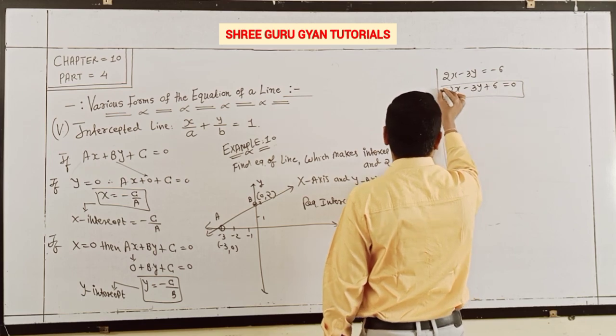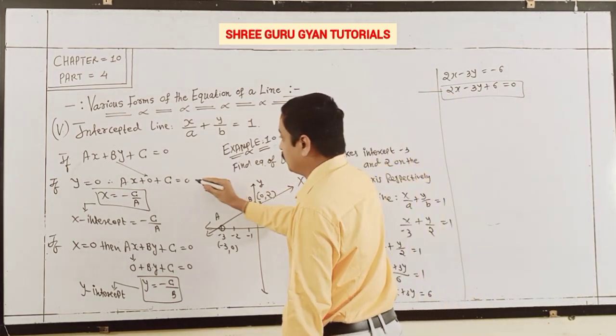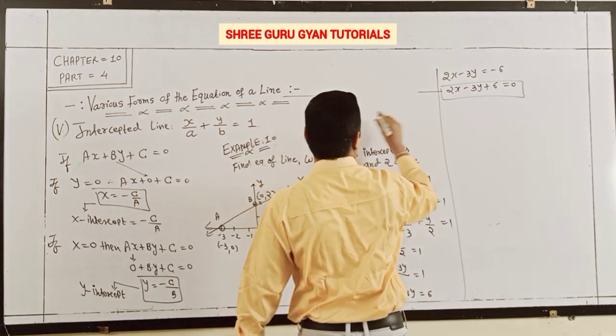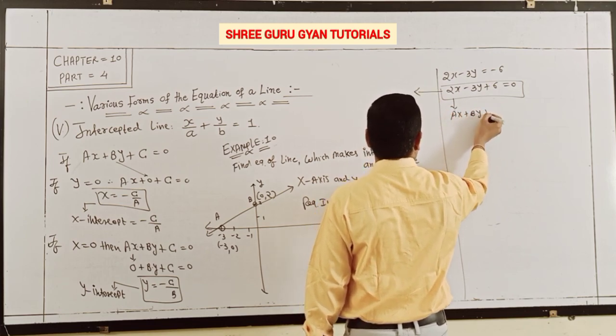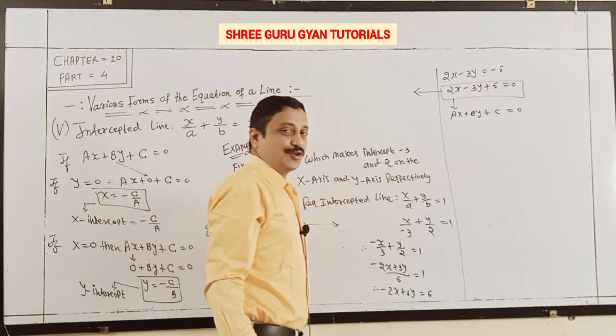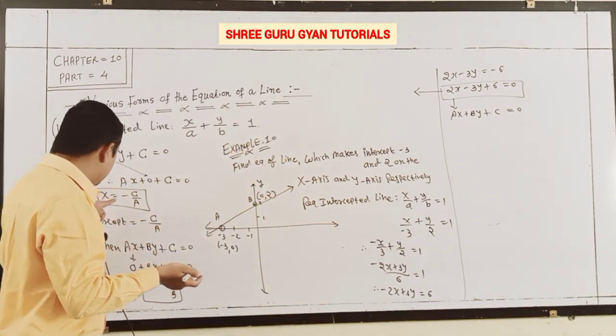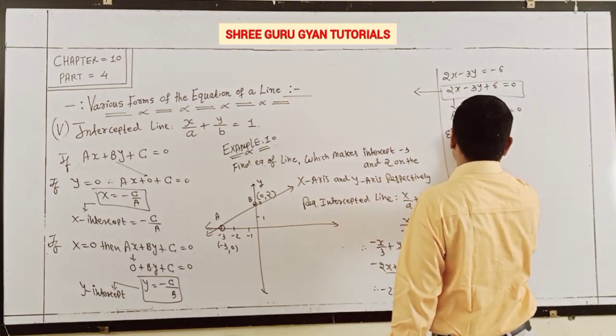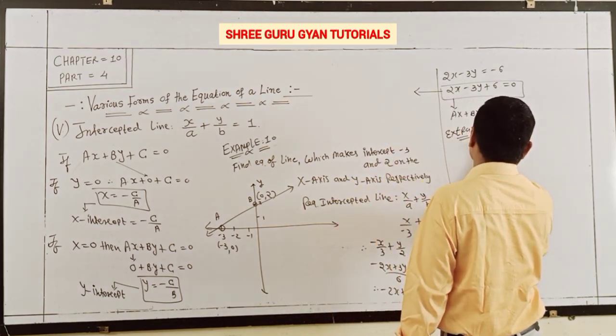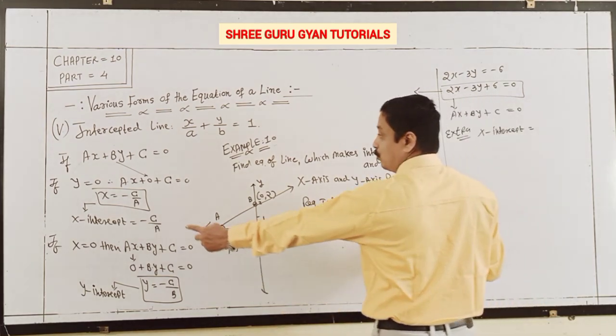Check, that is your standard form, ax plus by plus c. Formula done, numerical done. But if I work from this equation, you can also find extra things. If you are asking for the x-intercept, what is the x-intercept formula?